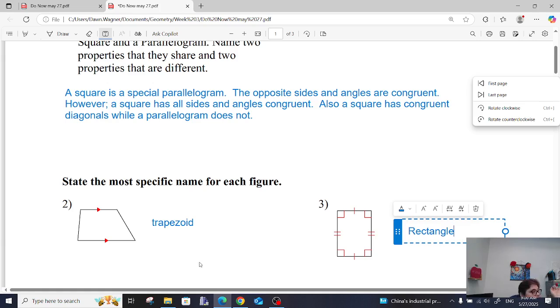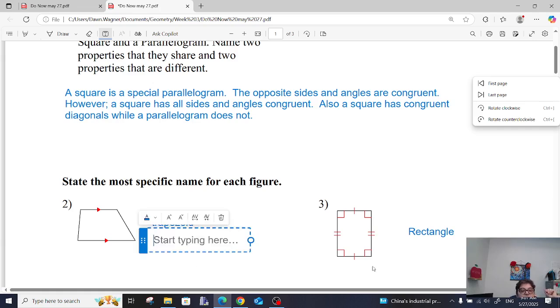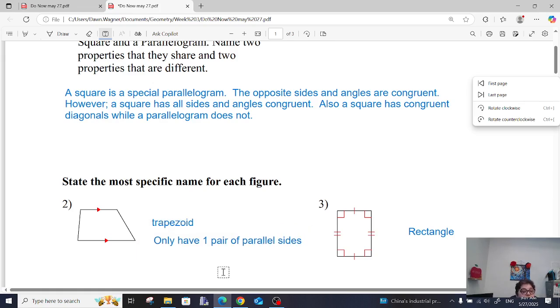Okay, so trapezoid, let me put it right underneath it. Trapezoids only have one pair of parallel sides, whereas a parallelogram, squares, and rectangles have two pairs of parallel sides.